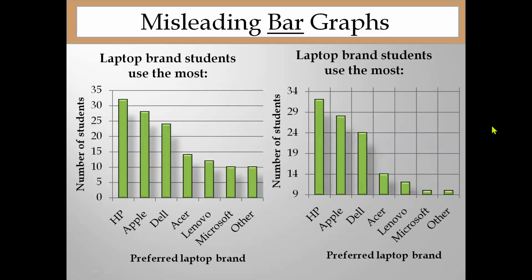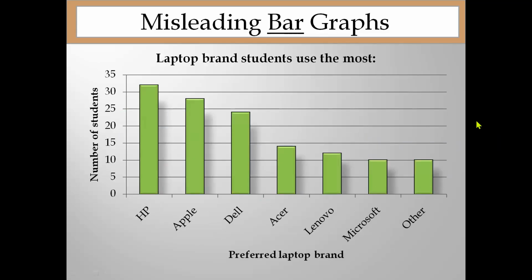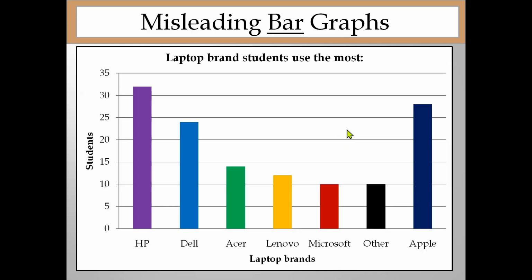The last misleading bar graphs we want to take a look at are display narratives, meaning adding a lot of colors to distract us from the information we want to display. Also, what we can see here is the positioning of our information.